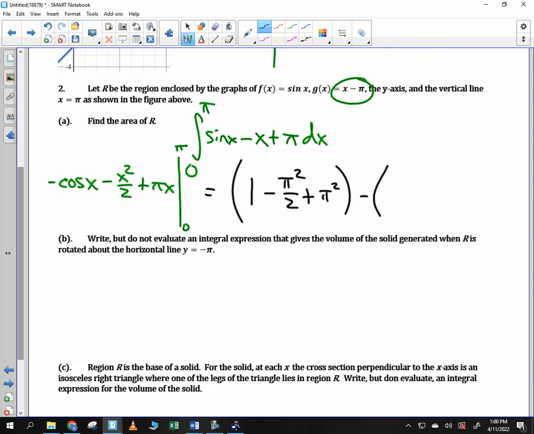What's the cosine of 0? 1. Make it negative. Negative 1 minus 0 plus 0. So you could write your answer simply as 1 minus negative 1 is 2, minus pi squared over 2 plus pi squared. That would suffice as an answer.